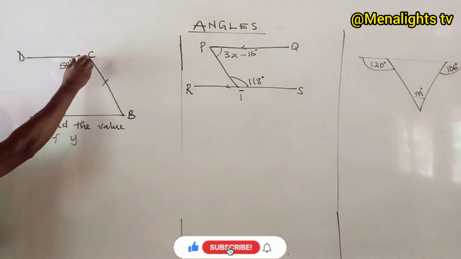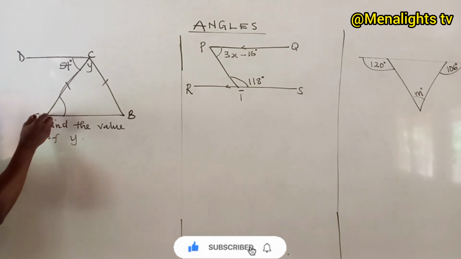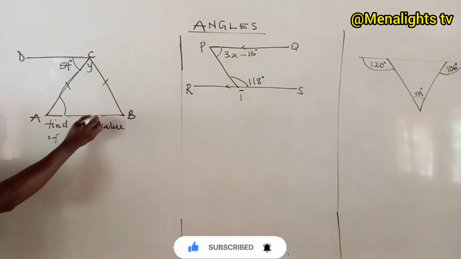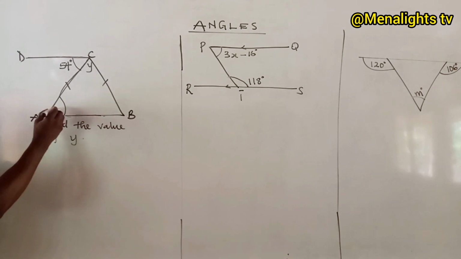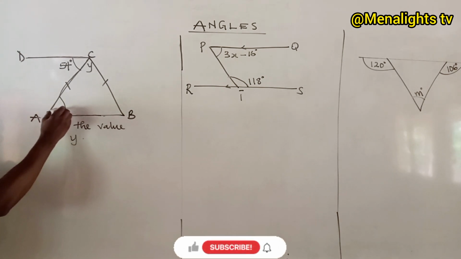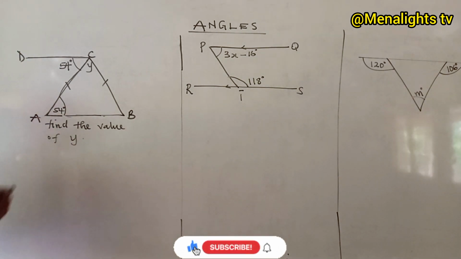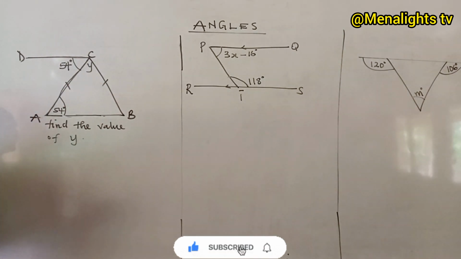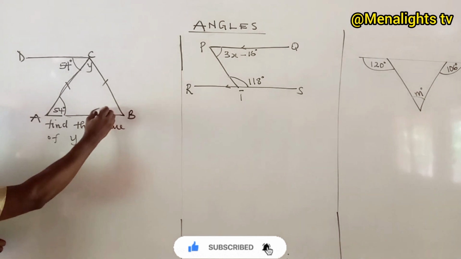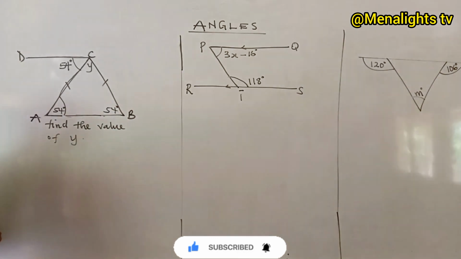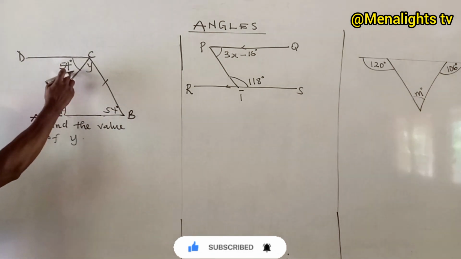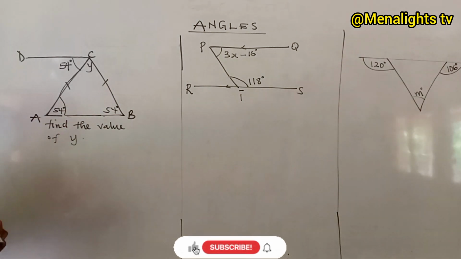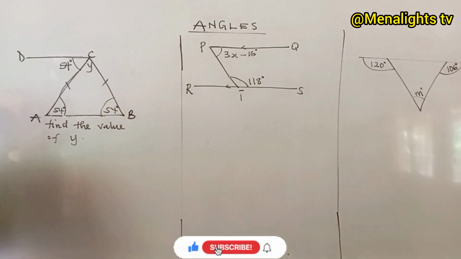Alternate angles are formed at the corners of the letter Z, which means that the angle here is also what? 54 degrees. Now since we have two markings on the triangle, it means these base angles are what? The same. So that means this side is also 54 degrees. So the 54 and the 54 here, or the angle here, they are alternate angles. And with these two, we can find the value of y.